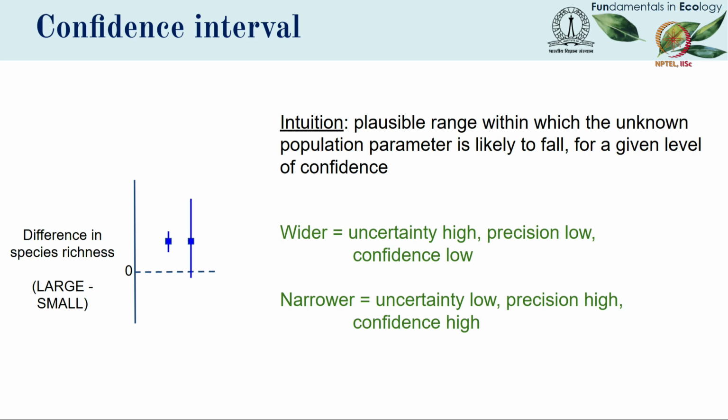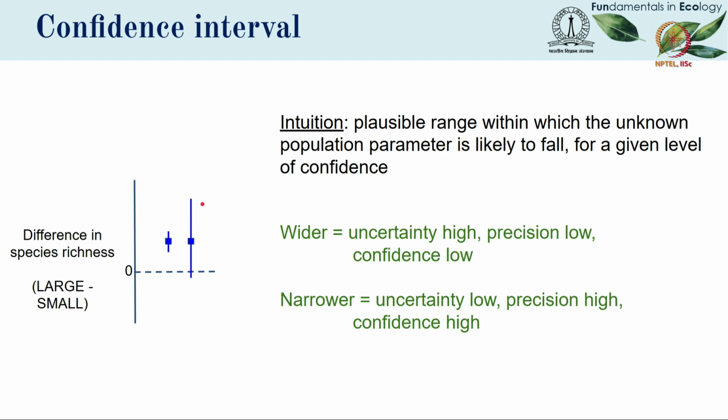So, let us get back to the intuition. The intuition is the confidence interval is the range within which that unknown parameter is likely to fall. A wider confidence interval indicates very high uncertainty, low confidence.